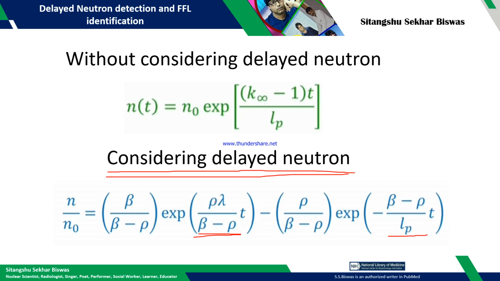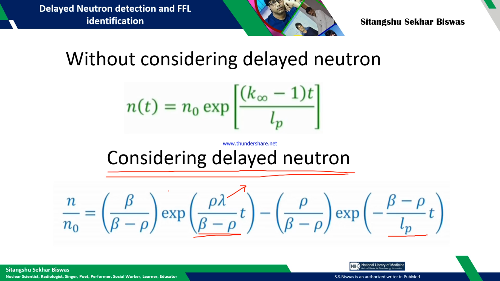So this lambda is the average decay constant for combining all the delayed neutron precursor groups, and its value is typically small.